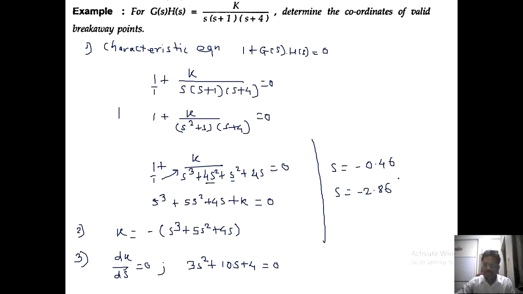Among these two values we need to find which one is valid and which is not valid as a breakaway point. So how to be sure of a valid breakaway point? We have seen the rule for the root locus region.